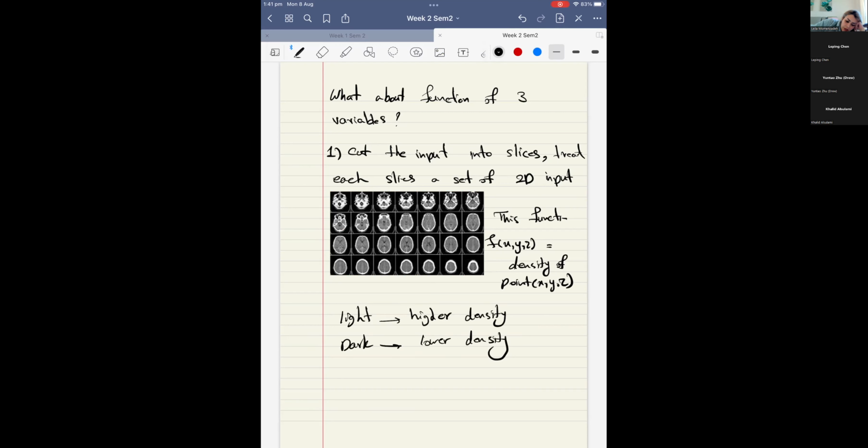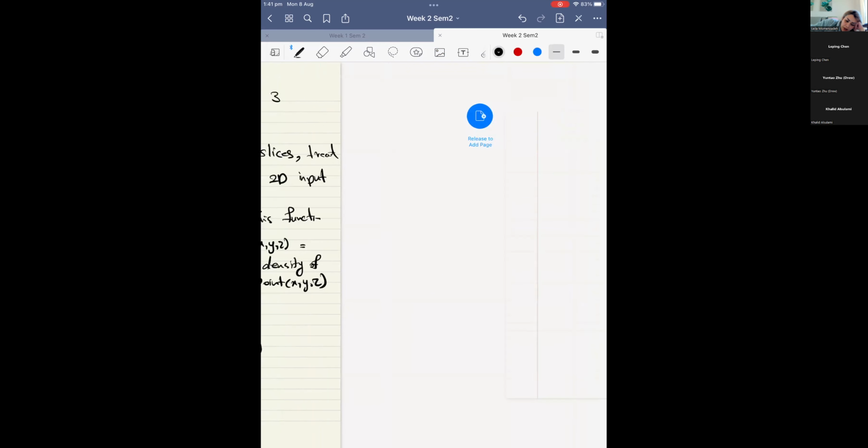The other way to think about a function of three variables is that one variable, most of the time, is time. Like a time series, use t equal time as the third input coordinate.